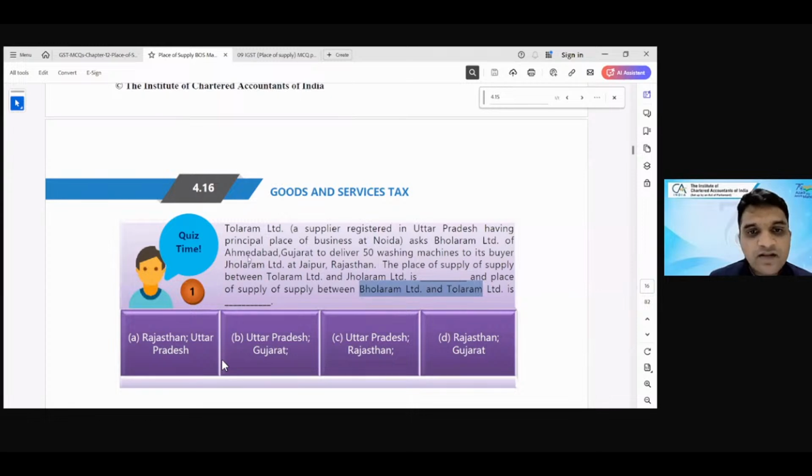Delivered to Jaipur. Okay, it's getting delivered, 50 washing machines to Jaipur. Correct. Second is Jaipur, from Ahmedabad to Jaipur. You're right. So second is Jaipur, and the first transaction is in Noida, Uttar Pradesh. Correct. Uttar Pradesh and Jaipur.